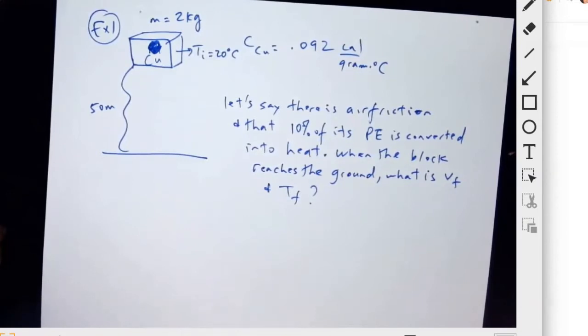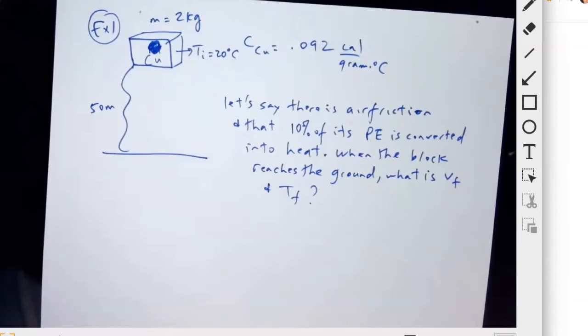Usually when we do these kinds of problems in Physics 1, in mechanics, we're assuming there's no air friction, and then the question is asking, what's the final velocity? So it could be like the molecules in the air are bumping into the copper, and the molecules of the copper are starting to get agitated. Exactly.